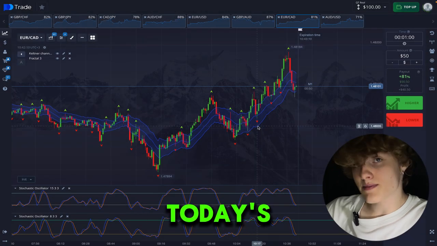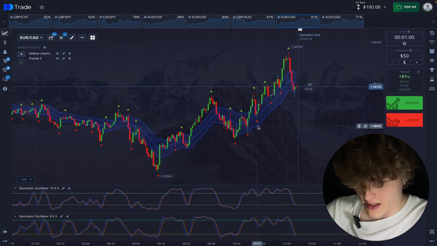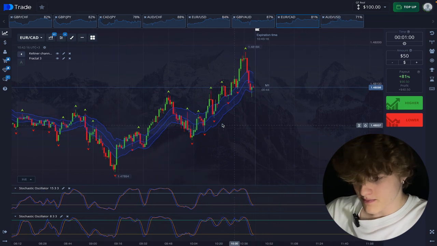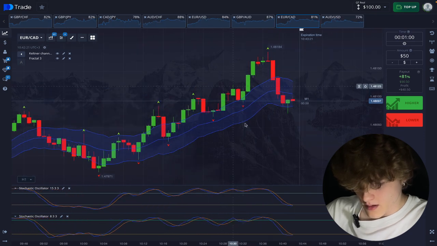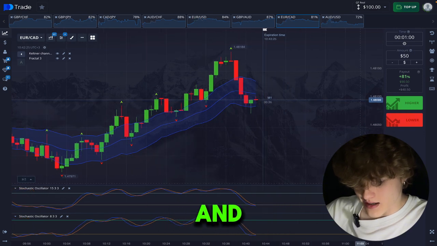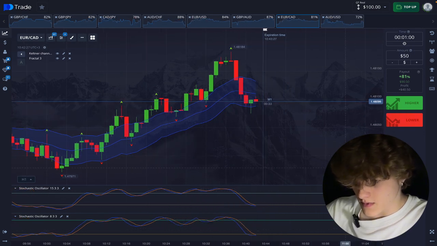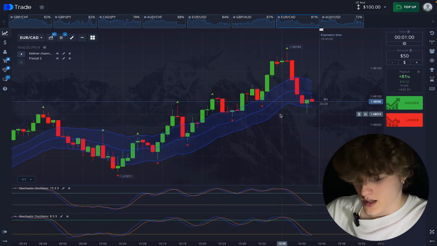So overall, today's main task will be to properly observe the price movement inside the channel or outside the channel, also when the price goes outside our channel indicator, and also the overbought and oversold areas on the two oscillators and the correct analysis of the pullback dynamics.